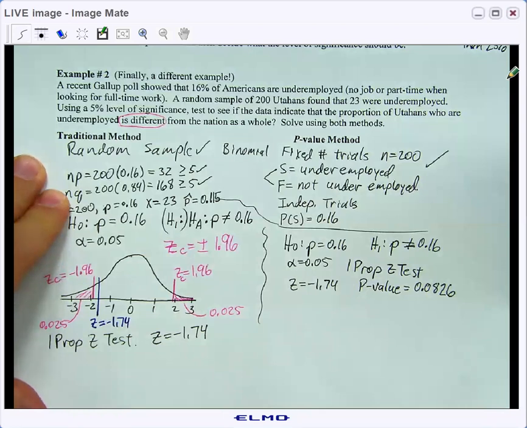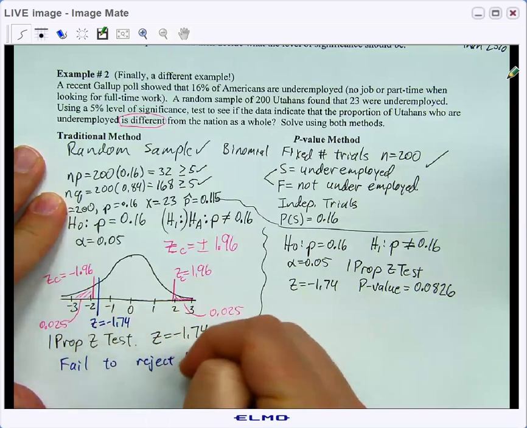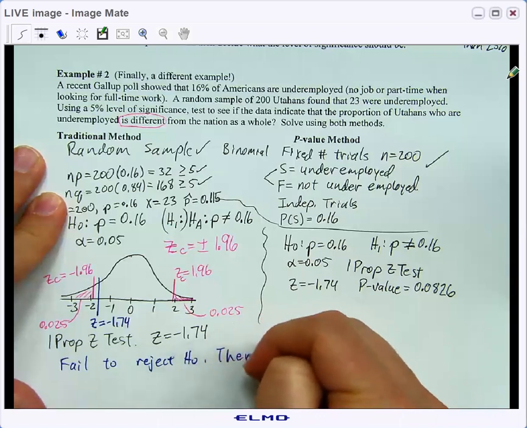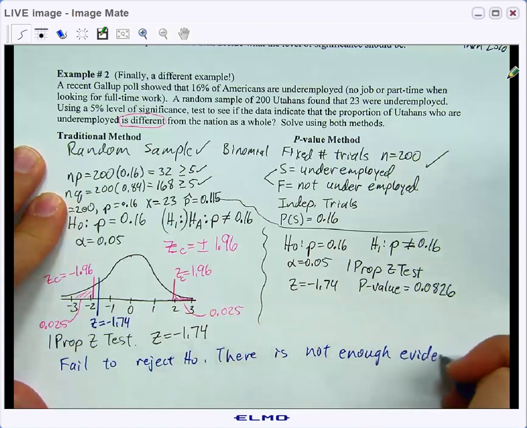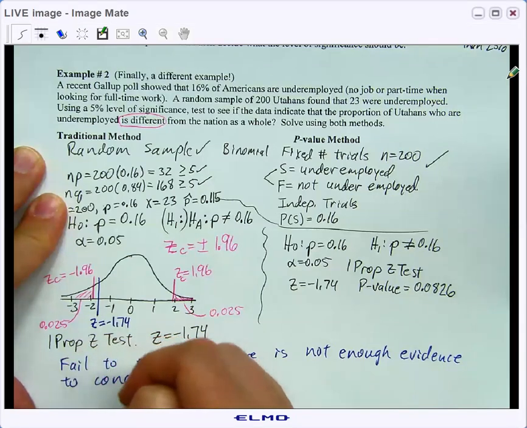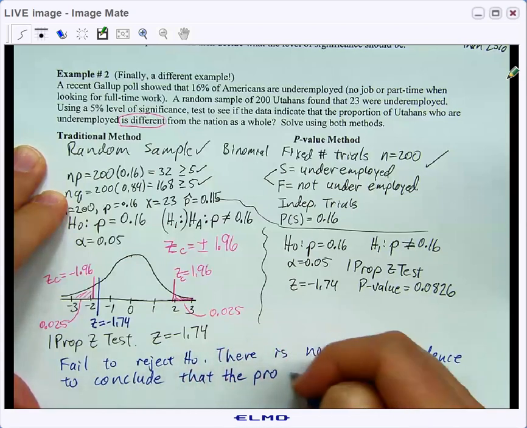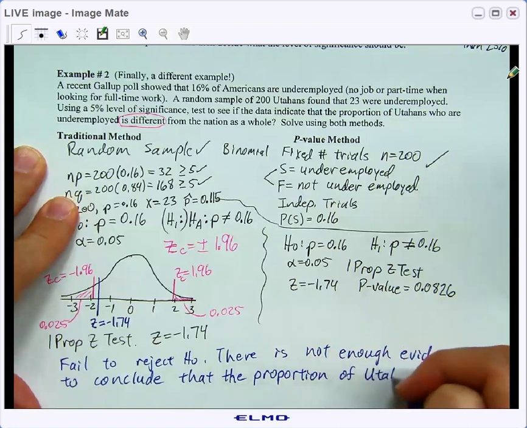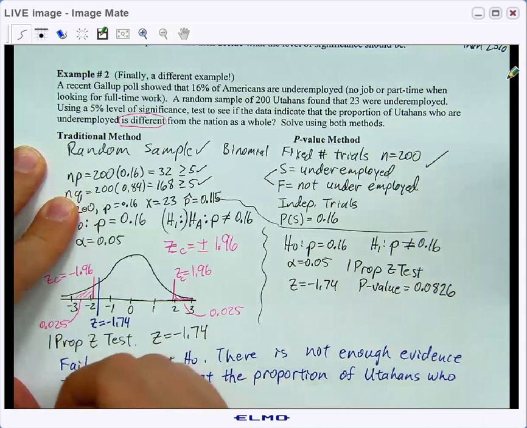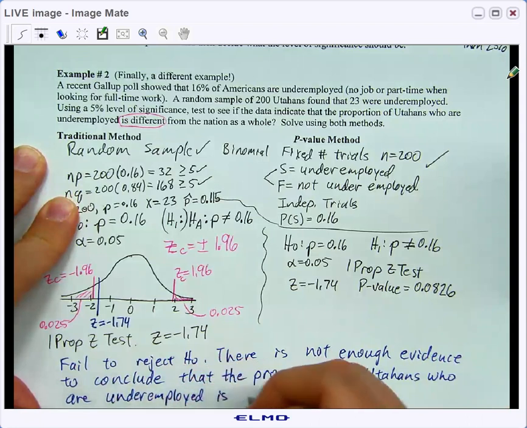That lands outside the critical region, so we will fail to reject H naught, meaning there is not enough evidence to conclude that the proportion of Utahns who are underemployed is different from the nation as a whole. And that percentage was 16%.